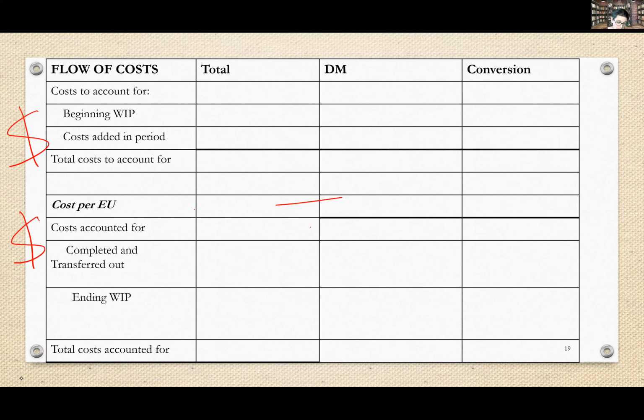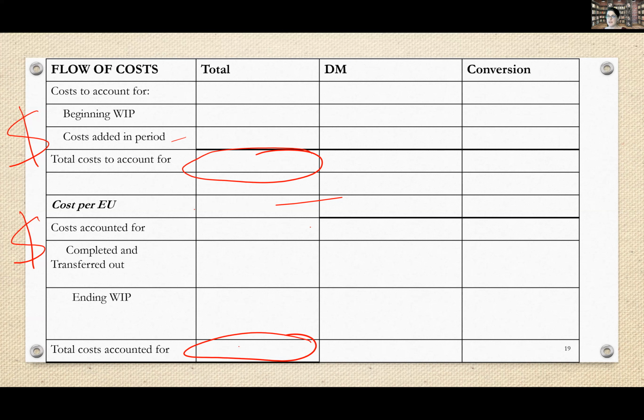So we're going to see of that beginning work in process units, how much did it cost? What kind of cost did we add into the period? This will give us the total cost to account for. Once we figure out how many costs we need to account for, then we have to figure out where they went. How much did we transfer out with our product to the next process?